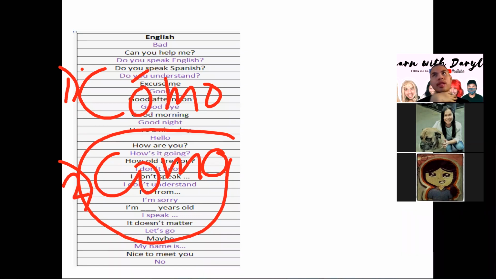So for example, me gusta mucho la comida japonesa. Por ejemplo, como ramen, sushi, ¿sí? Entonces tenemos que utilizar como para indicar like, yeah? So that's how we use it.